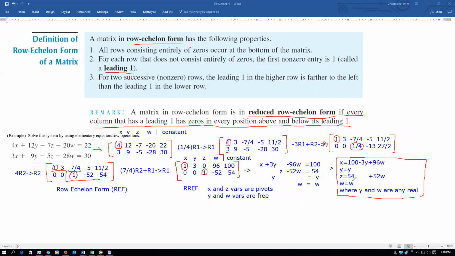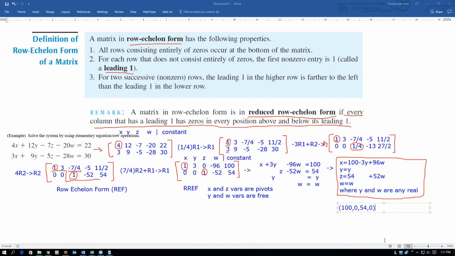Really what that means is I'll have an ordered four-tuple where I can choose anything I want for the free variables. If I choose 0 for w and y, one of my solutions would be 100 for x, 0 for y, 54 for z, and 0 for w.